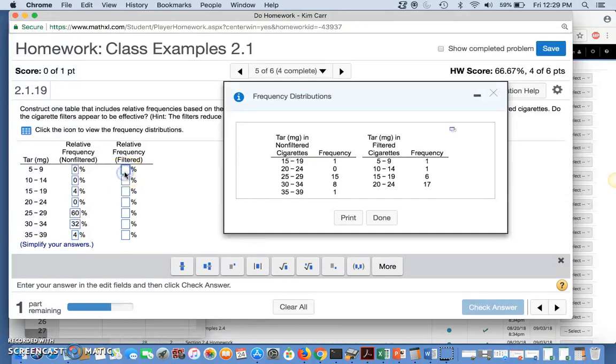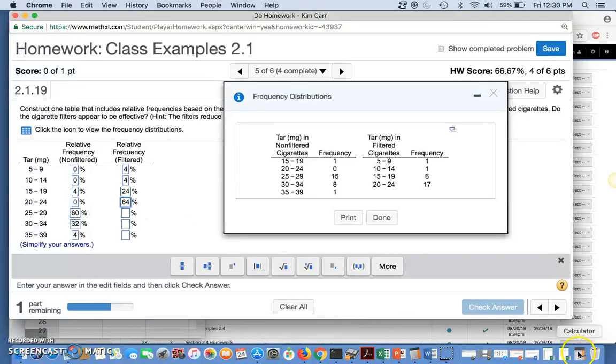Okay, then we start over here. 5 to 9. We're in this group now. What was 1 divided by 25 times 100? That was 4%. 4% again for the next category. For each one, if it's 4, what's 6 times 4? 6 times 4 is 24. So that would be 24. 17 divided by 25 times 100 would be what? I believe it's 64.